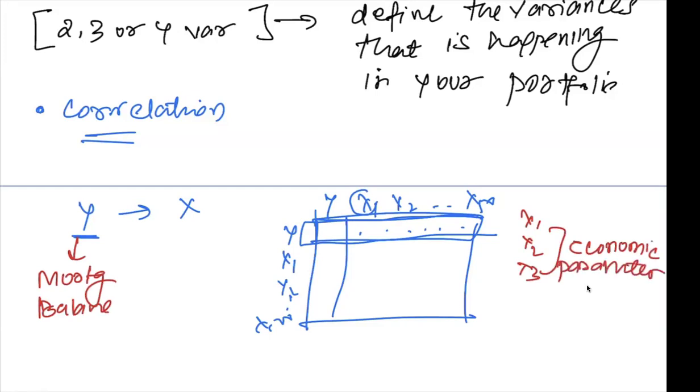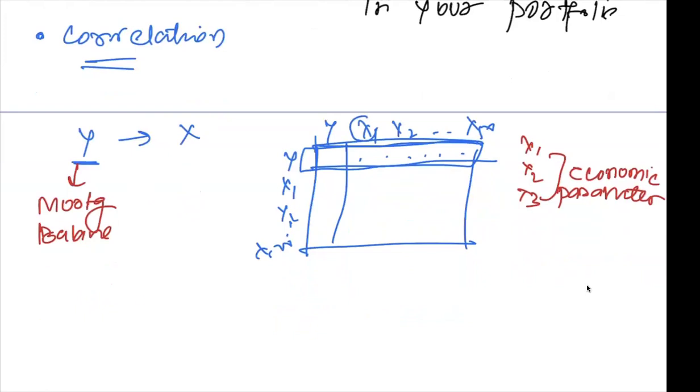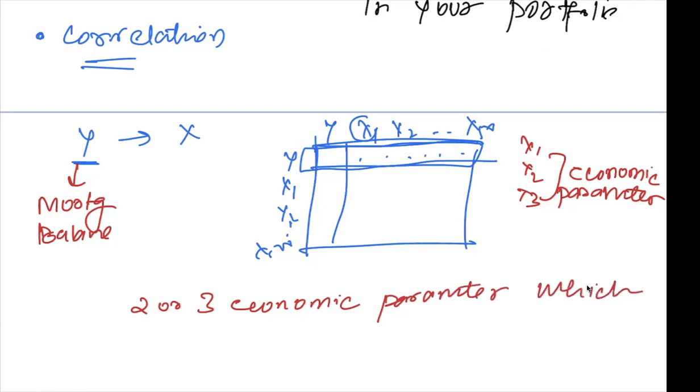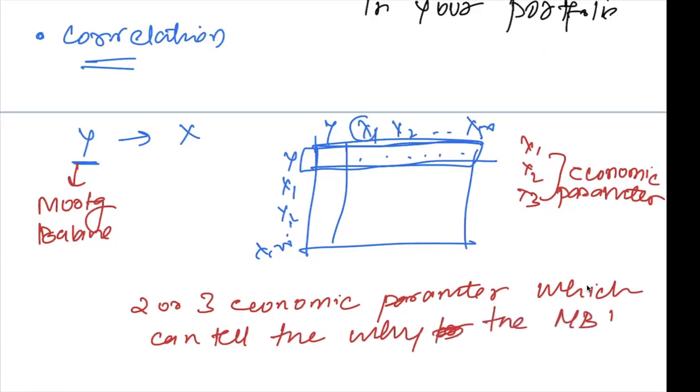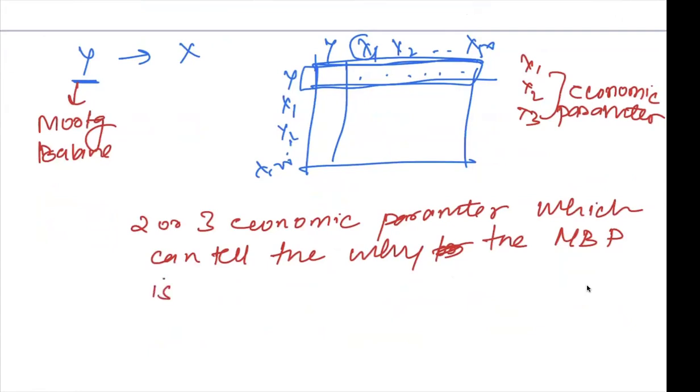What we are trying to do is find 2 or 3 economic parameters which can tell the variance, or which can tell why our mortgage portfolio is performing the way it is.